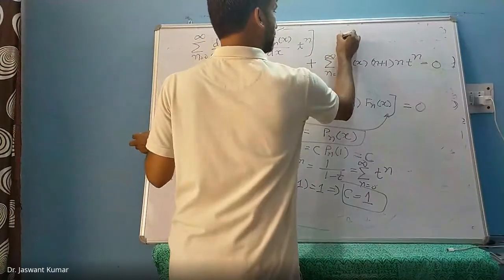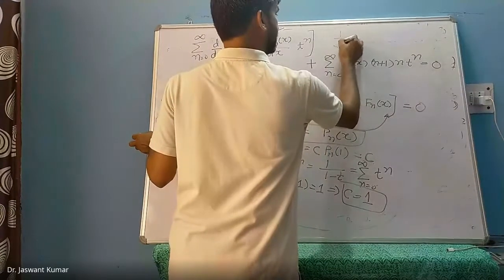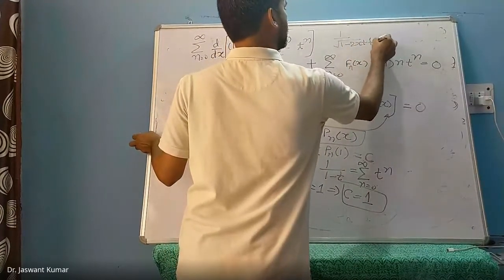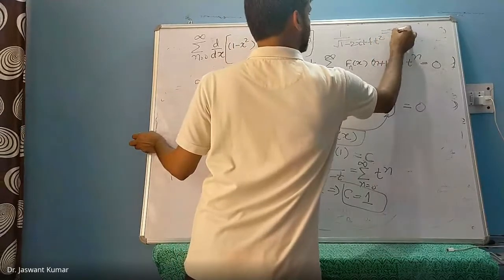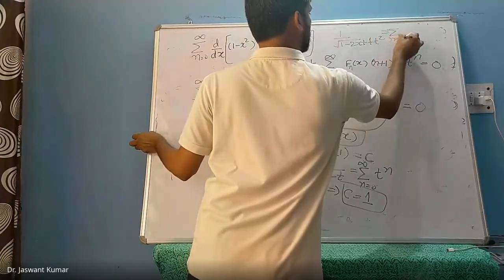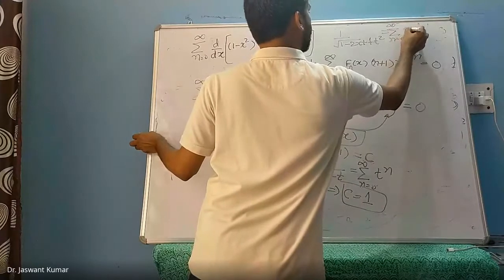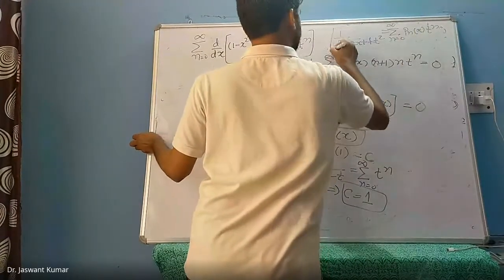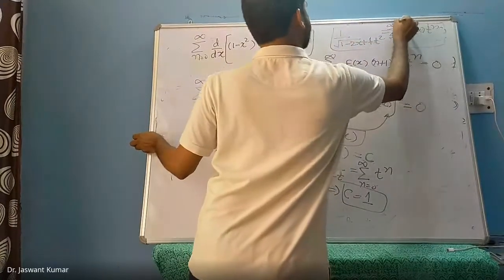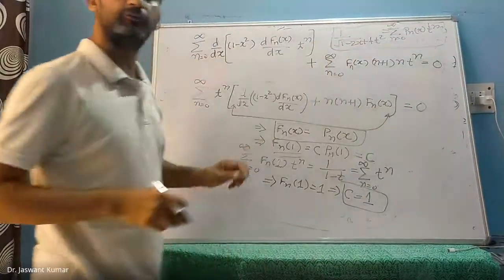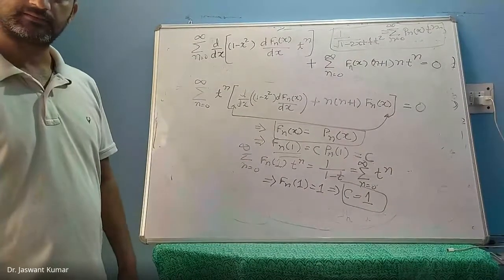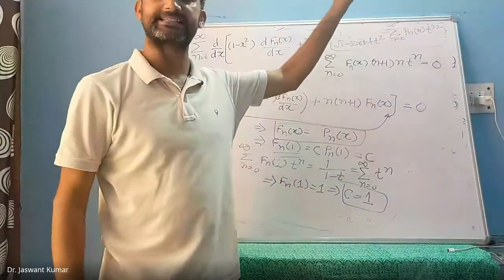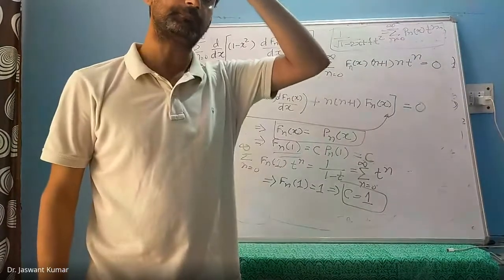Hence what we have obtained is that 1 by the square root of 1 minus 2xt plus t squared is actually equal to the summation n going from 0 to infinity P_n(x) t to the power n. This is called the generating function formula for P_n(x), or this is actually a verification of the generating function formula for P_n(x).